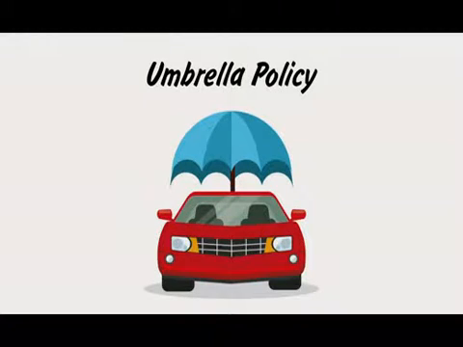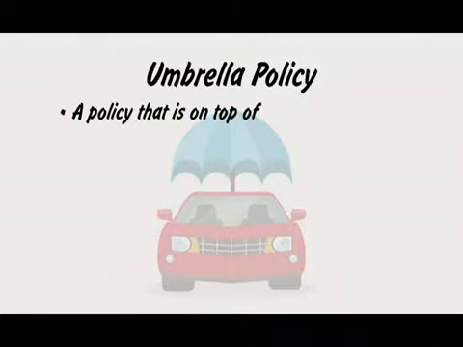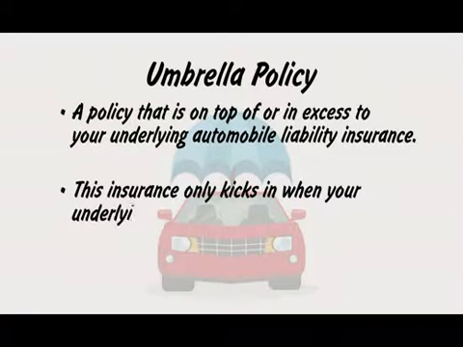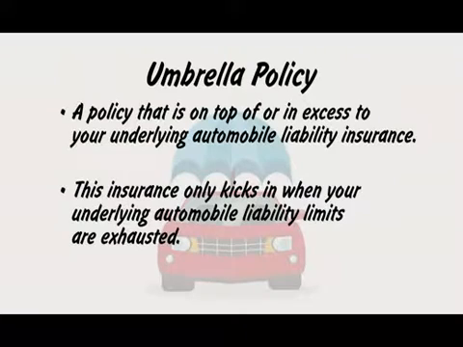One of the most effective ways to protect yourself for very little cost is to purchase what is called an umbrella policy. An umbrella or excess insurance policy refers to an insurance policy that is on top of or in excess to your underlying automobile liability insurance. This insurance only kicks in when your underlying automobile liability limits are exhausted.